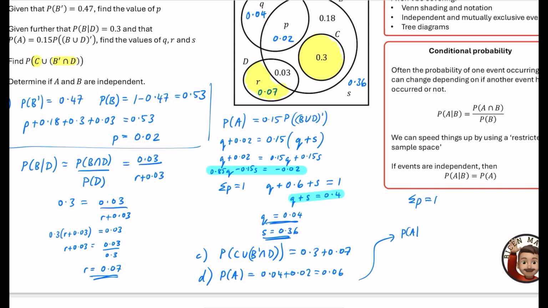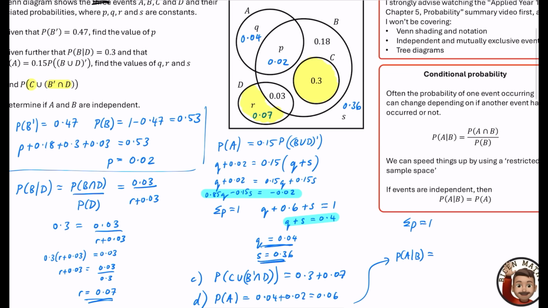And I'm also going to compare it with the probability of A given B. So the probability of A given B, well, the probability of B, I think we know from earlier on, is 0.53. So we're looking at this restricted sample space of 0.53. And we're saying, well, how much of that is going to be A that we've got there? So that's going to be A is 0.02. That's the probability of A and B out of the probability of B, which is 0.53.